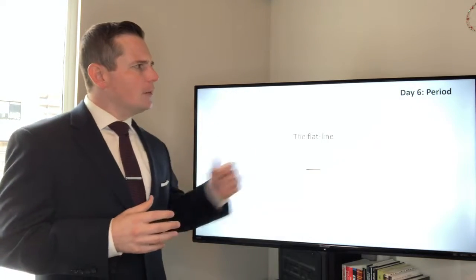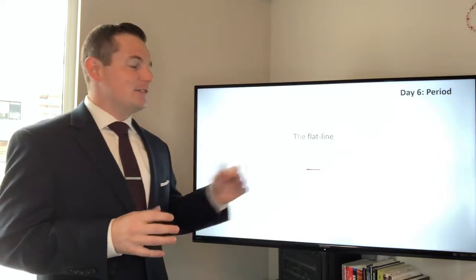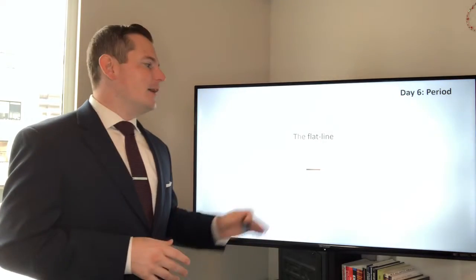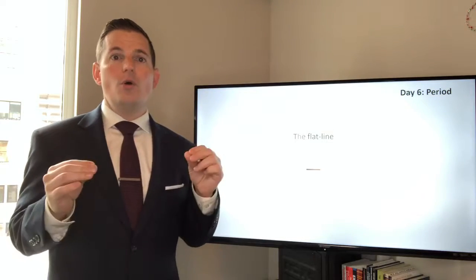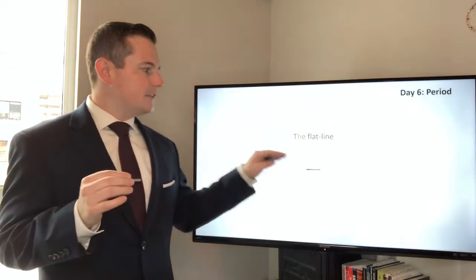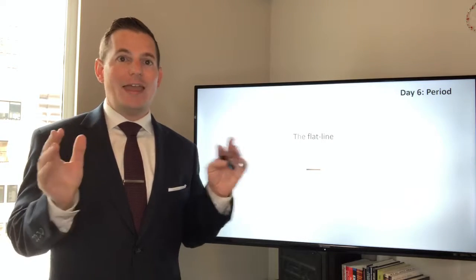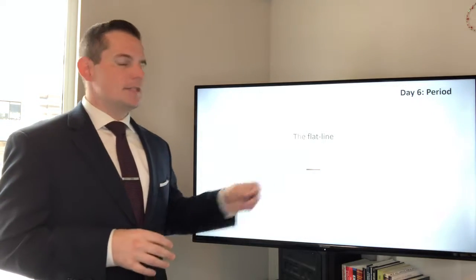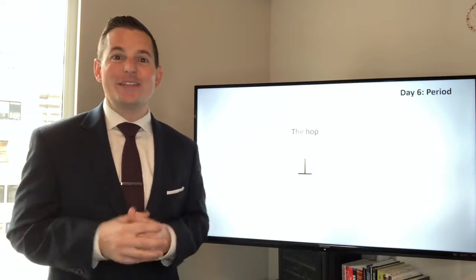So I'm just going to talk about the most basic candle that you can see, and it's the flat line, okay? So that means if you see one of these on the chart, there was no price movement at all. The high was the same as the low, and it opened and closed at the same price, and it didn't move. Stagnant, right? So that's the flat line. And the next is, I called it the hop, okay?